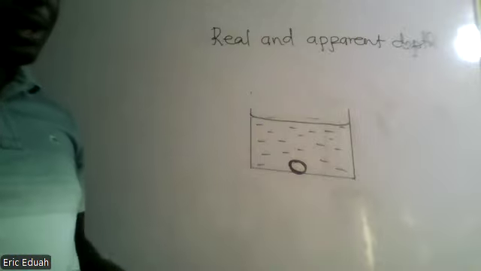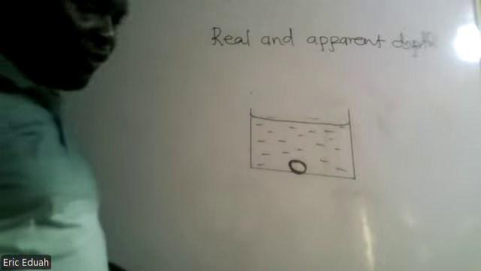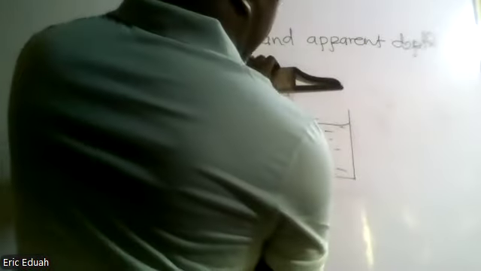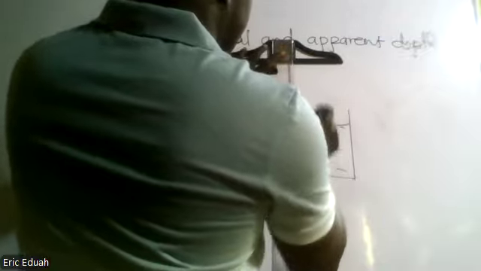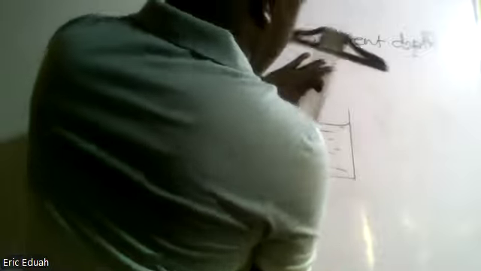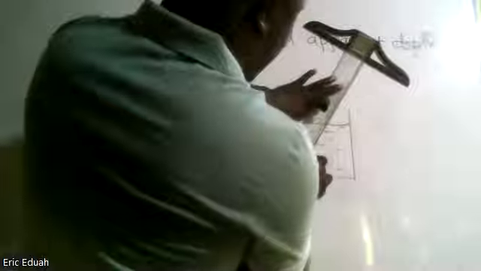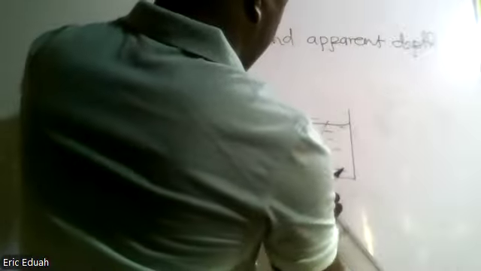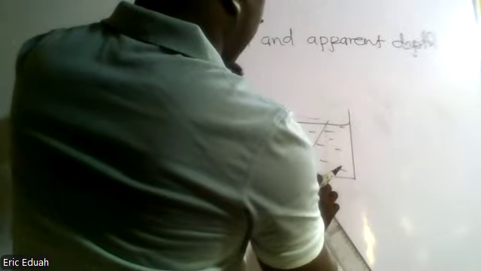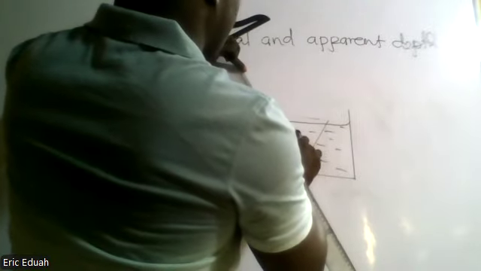An observer stands. Whenever we see, we see as a result of reflection or refraction. So before you see an object, light has come from the object. Now, the light coming from the spot of the object, light from this part of the object is coming out of the water.